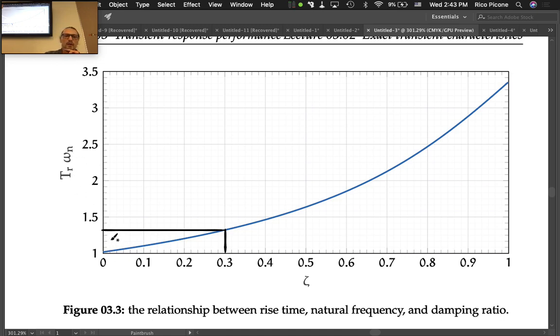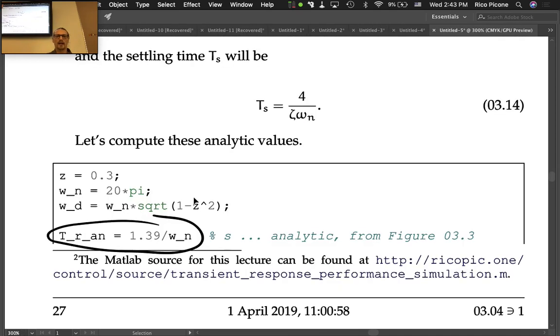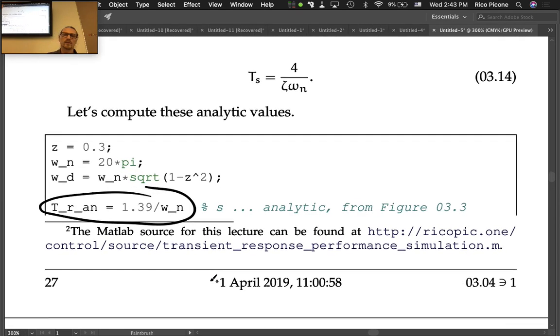I guess it was 1.39, I think I said. Since 1.39 is equal to TR omega n, which is the vertical axis here, then I can solve for the rise time as being 1.39 divided by omega n. So that's how I got that formula, and then I just wrote it in MATLAB syntax there.